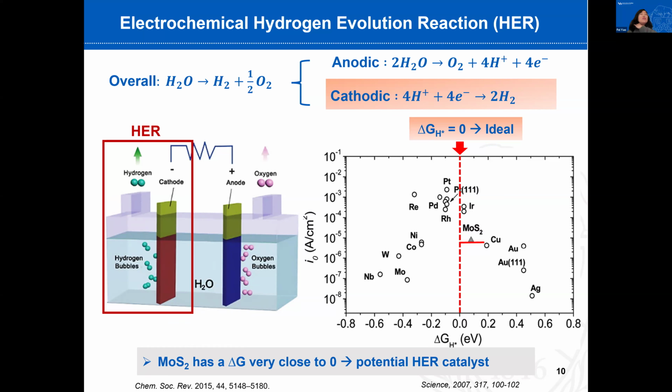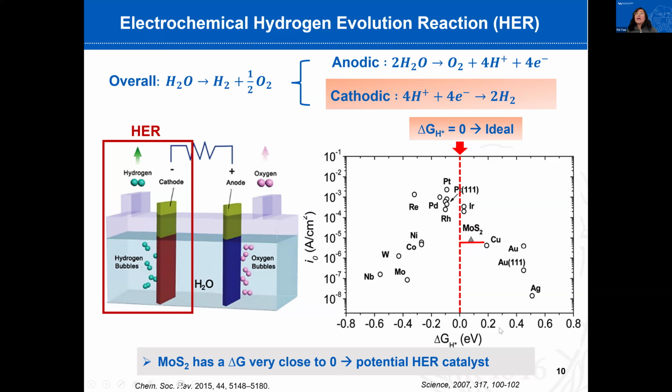In order to promote this HER reaction, we need to have a catalyst applied in the system because we have quite a high activation energy for the water dissociation process. To evaluate the catalyst performance, people usually show this volcano plot where we have the exchange current density as the y-axis and the DFT calculated hydrogen adsorption energy as the x-axis.